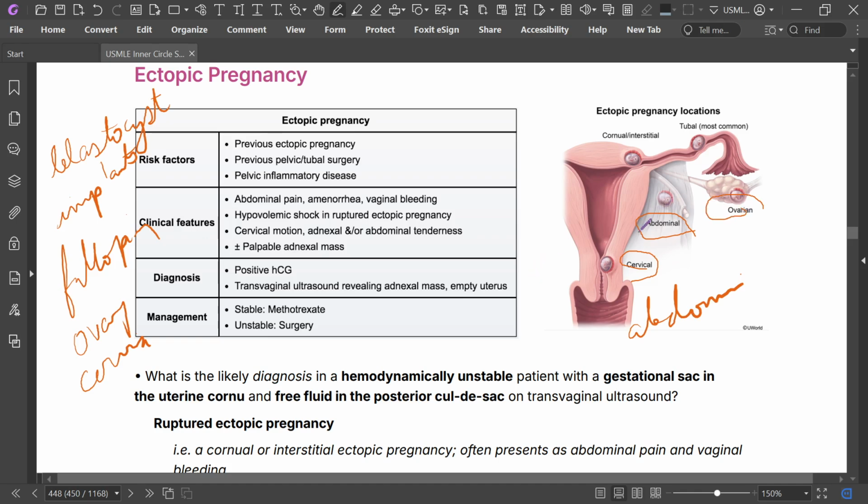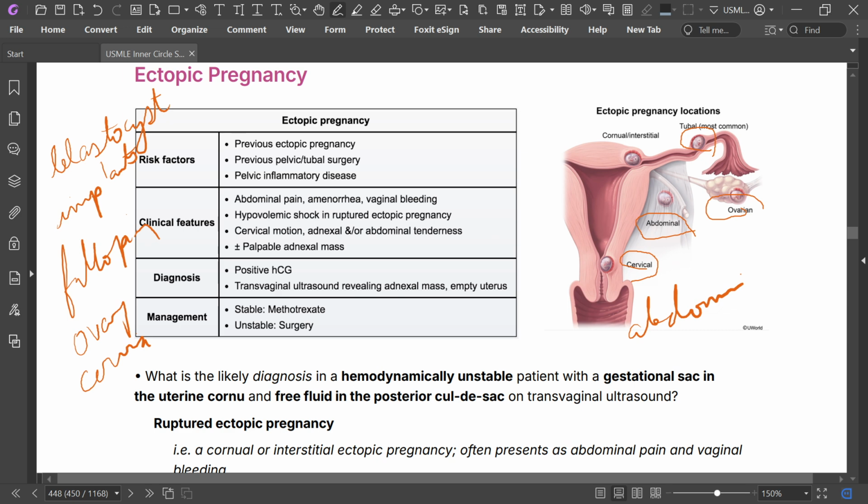The fallopian tube is the most common site of ectopic pregnancy. It's a medical emergency and a leading cause of maternal morbidity and mortality in early pregnancy. So early diagnosis and treatment is needed to prevent internal hemorrhage and death.